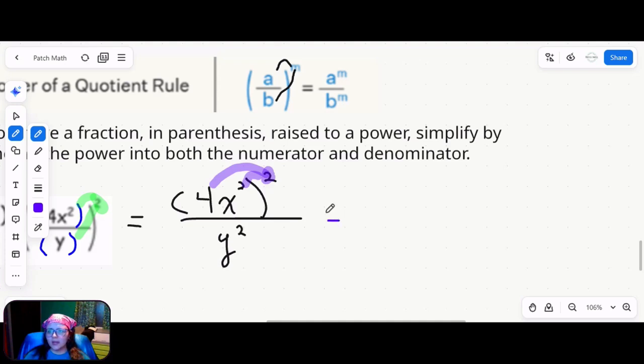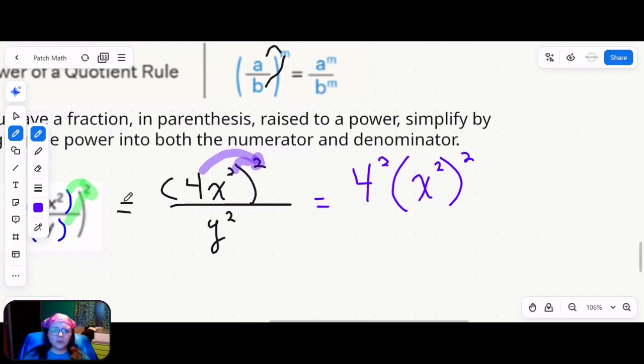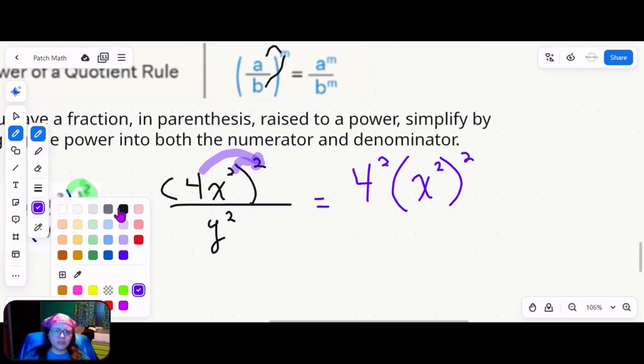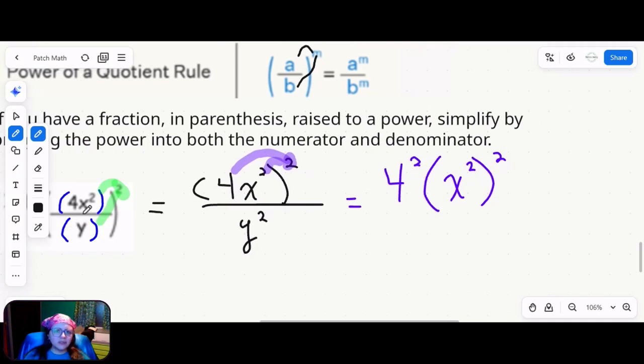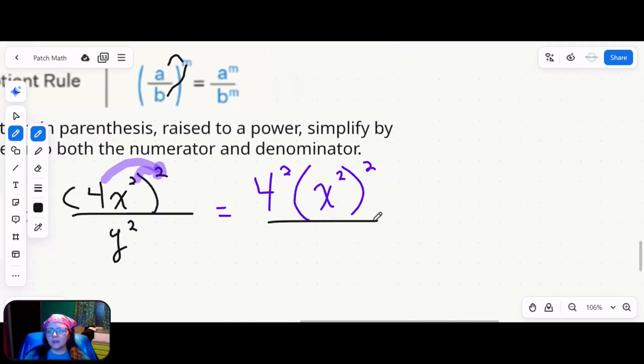And so that is 4 squared, and just to slow down and look at the finer mechanics of what's going on, x squared squared. And we didn't have to worry about that for the denominator because it only had the exponent of 1 there, the invisible exponent of 1. So we just brought that 2 in. This is still over y squared.